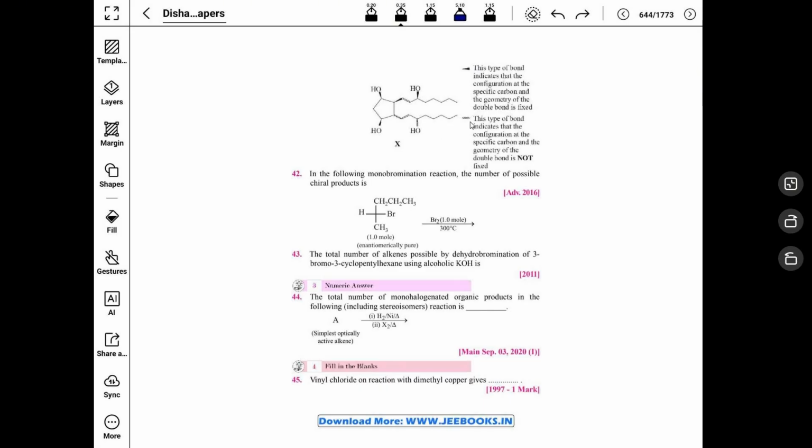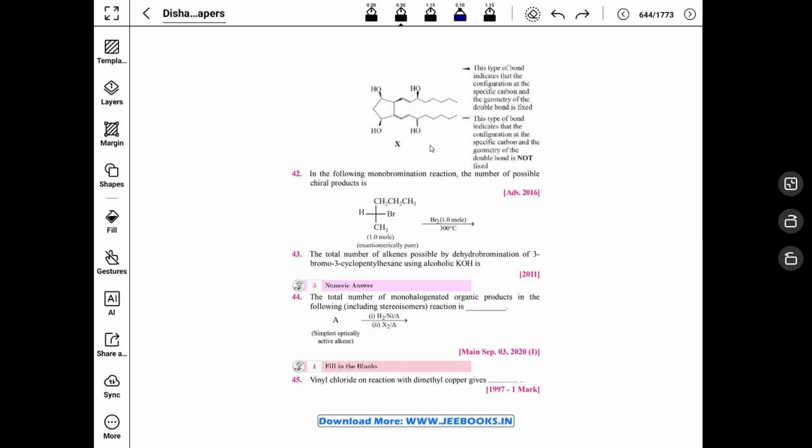And they are saying that this wavy bond means the configuration at the specific carbon and the geometry of the double bond is not fixed. So whether it is cis or trans, it is not fixed, and the configuration at this chiral center is also not fixed, and same for hydroxy.